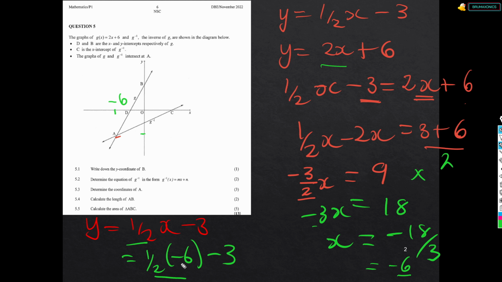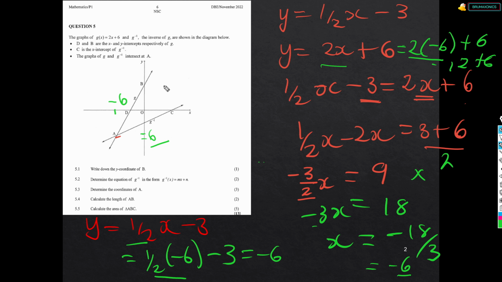The half of negative 6 will be negative 3, and then minus 3 will give us negative 6. So it means here this is negative 6. If you don't believe me, you go to the other equation and say equals 2 times negative 6 plus 6, right? This will give you negative 12, and then plus 6 will give you the same negative 6.